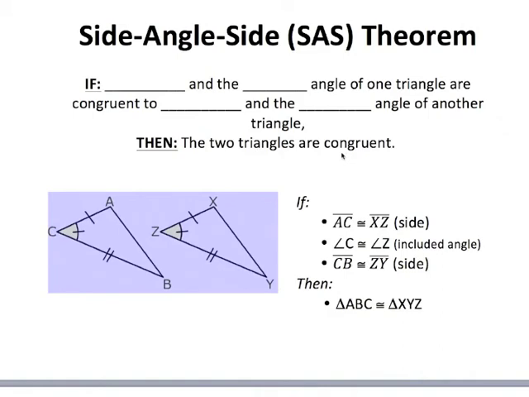So again, the included angle is going to be that angle between those 2 sides that we're talking about. So here, if AC is congruent to XZ, and angle C and angle Z are congruent, and side CB and ZY are congruent, which we can see from the markings that those are all true, then triangle ABC is congruent to triangle XYZ.